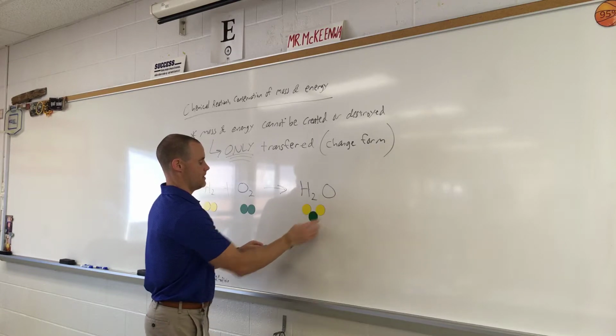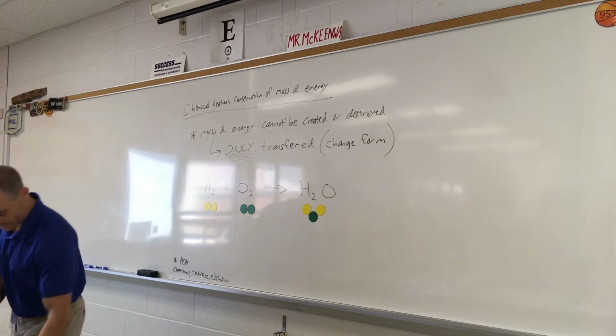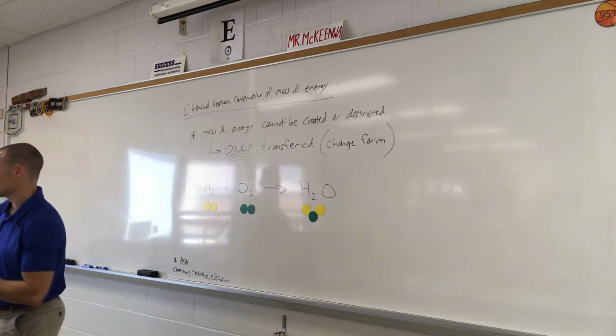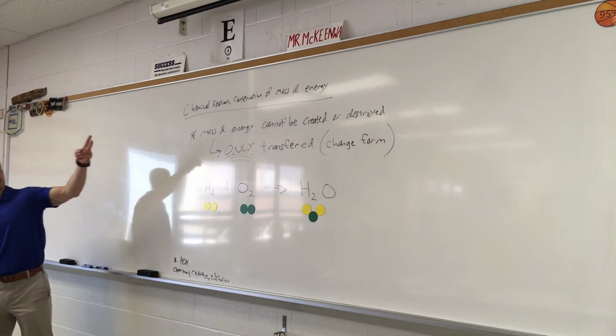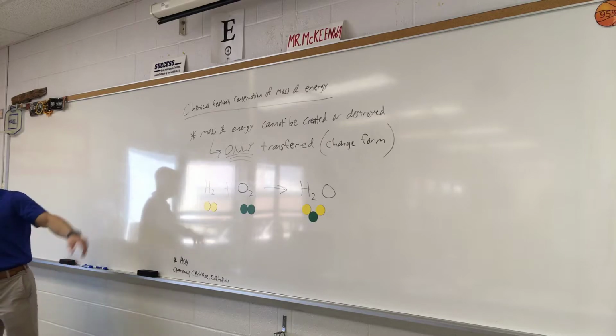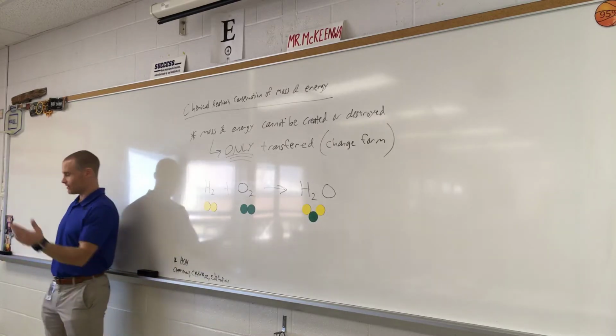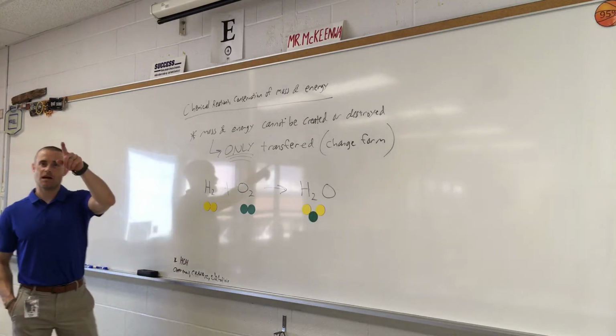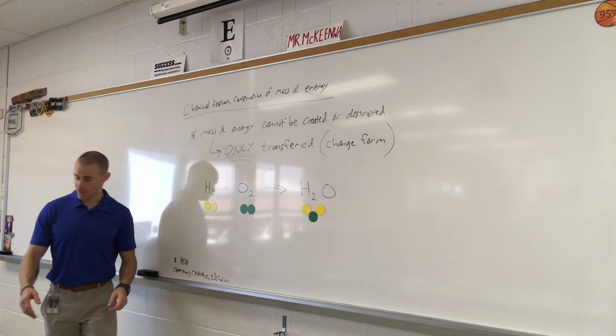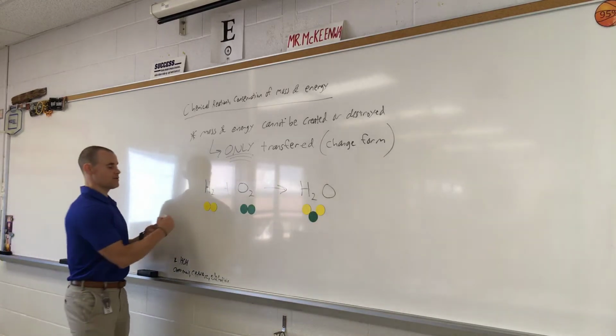Yeah. Okay. What law is this violating? There's two laws. Conservation of mass, conservation of energy. Which one is this picture apparently violating? Yeah, mass. So hydrogen has a mass of 1. So this would have a mass of 2. 2 grams.